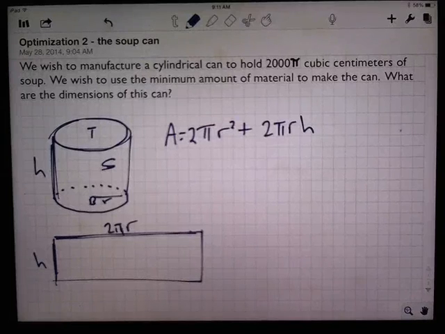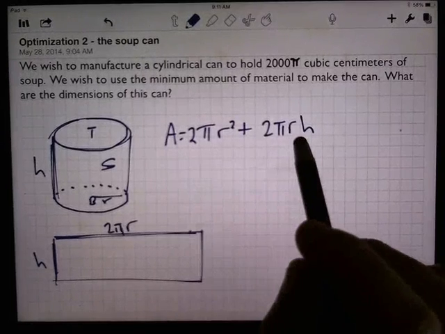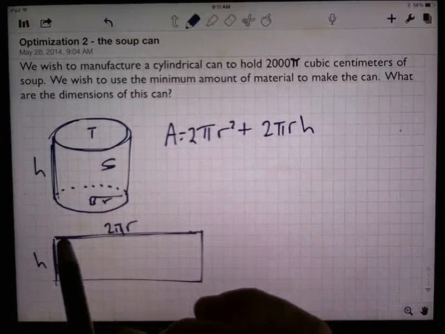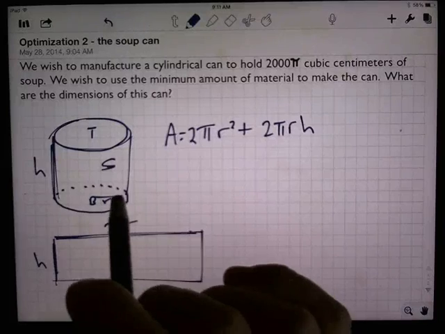So there's the thing that I'm trying to minimize: find the minimum amount of material, minimize that area. Notice the things that can change here are the radius and the height.